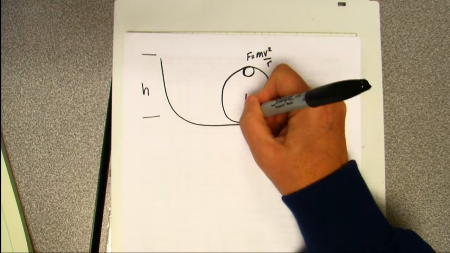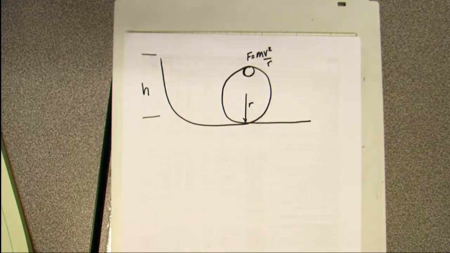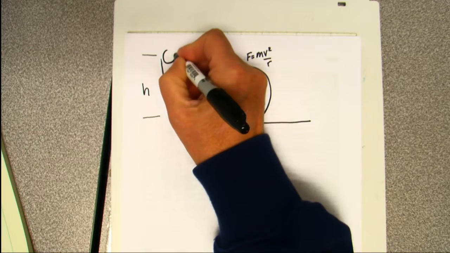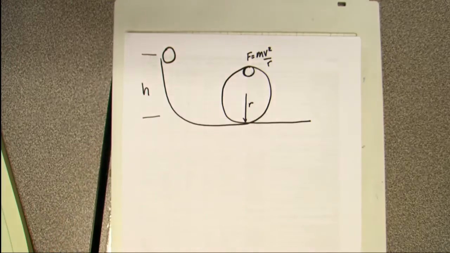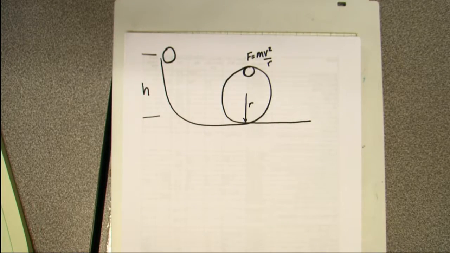If this r is the radius of our loop, the question is, how high do I have to start in order to get through this?